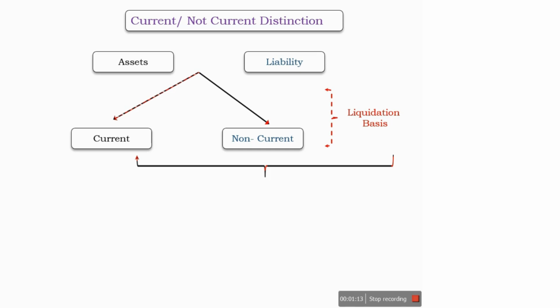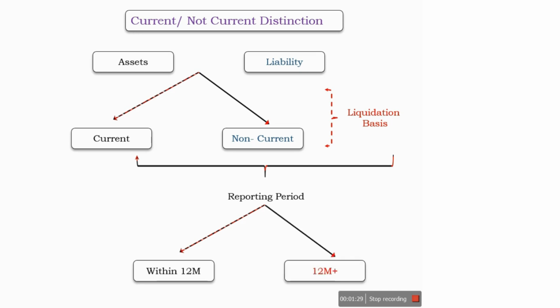Ind AS says that whatever approach you use, whether classification based on current and non-current, or liquidity basis, or on the basis of a mix, we are supposed to classify the assets that are due for settlement or are expected to be realized within a period of 12 months from the reporting period or within a period of more than 12 months.